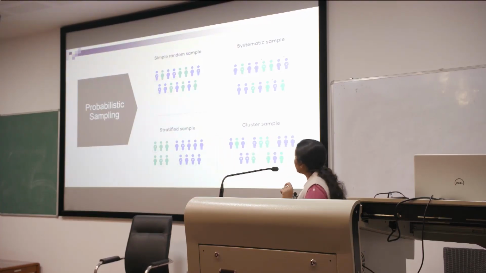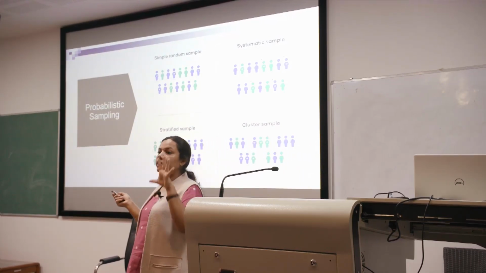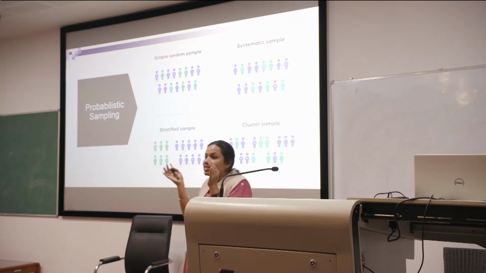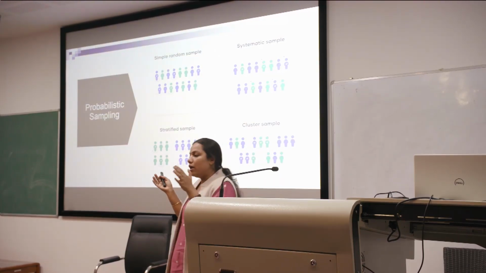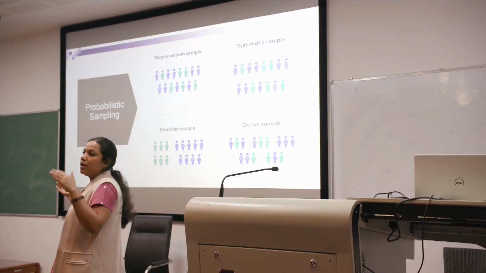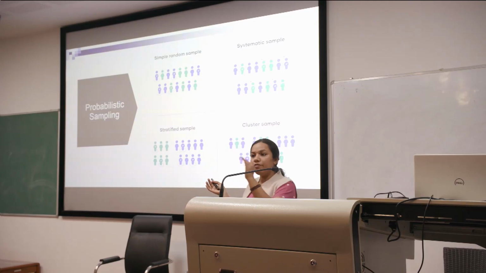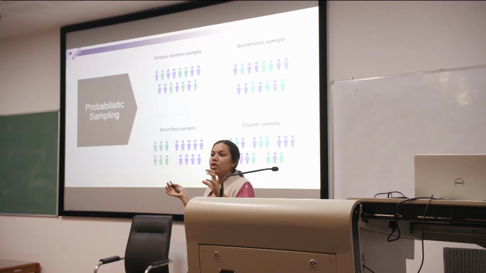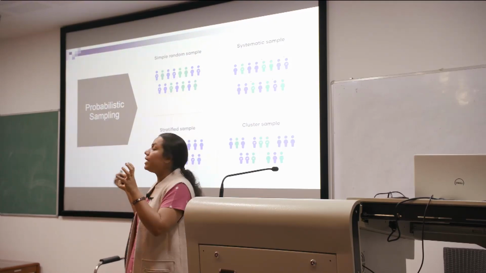Then another one is cluster. In some studies, if you are looking at the total population, you have to cluster. Based on language, you can cluster. Here in Karnataka there is a lot of migration, right? Keralites are here, Tamil Nadu people are here, Andhra people are here. Every state's people are coming to Bangalore. So based on language or state, you can cluster them.